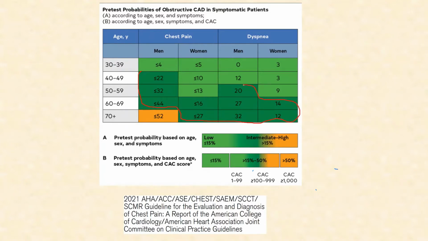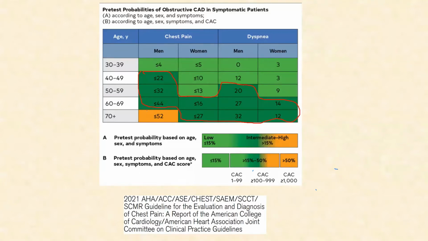And we said that for intermediate risk, we need to do what? Non-invasive testing. The light green is low risk, and by low risk, we mean less than 15% risk of coronary artery disease. In these patients, you probably don't have to go any further.